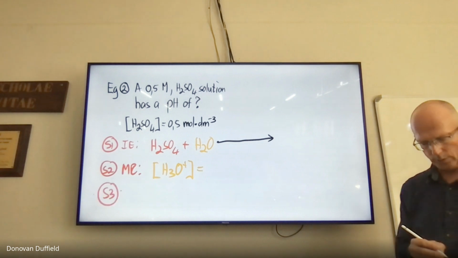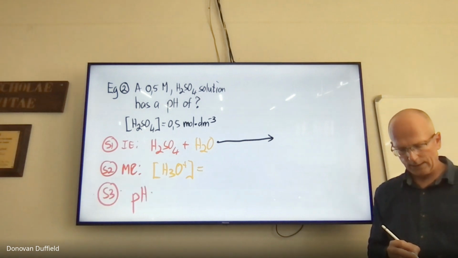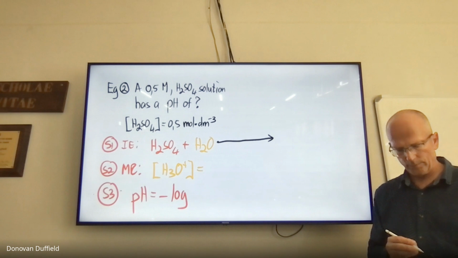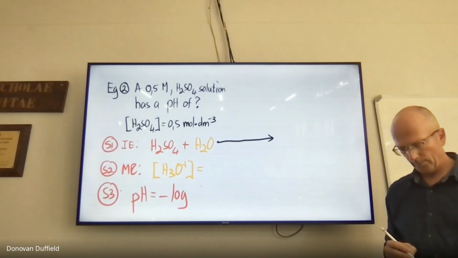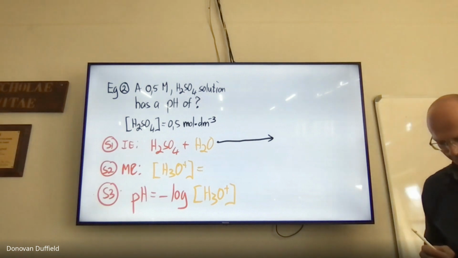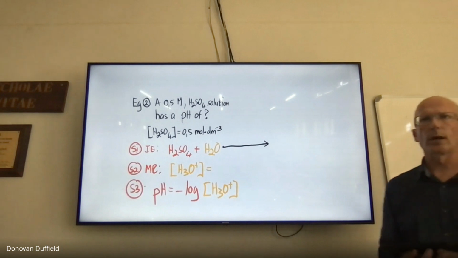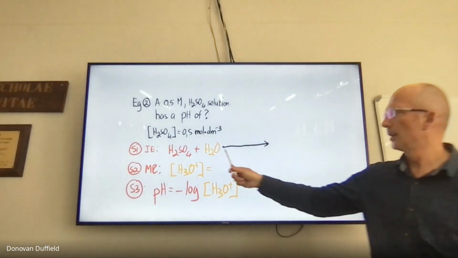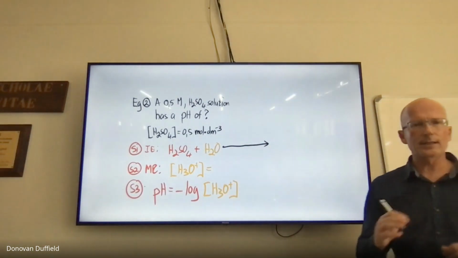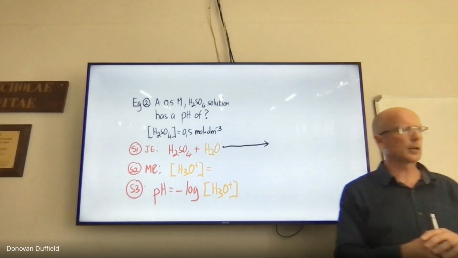And step number 3 is you're going to work with the pH is equal to the negative logarithm of the hydronium ion concentration. This should go quite quickly. We've done this in detail, right? You don't have to do the successive ionizations.